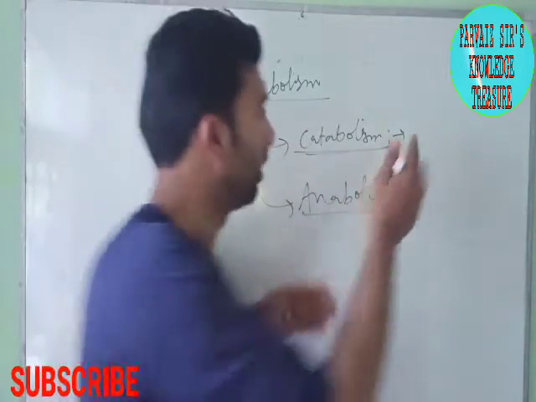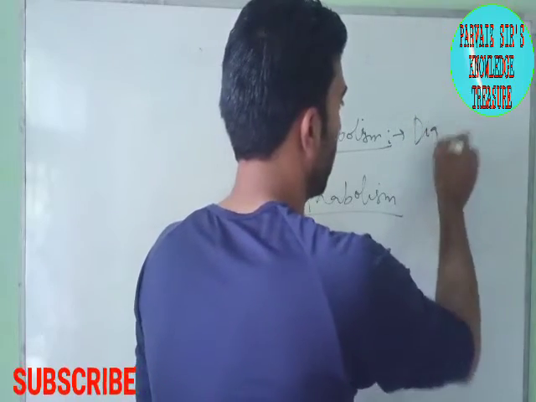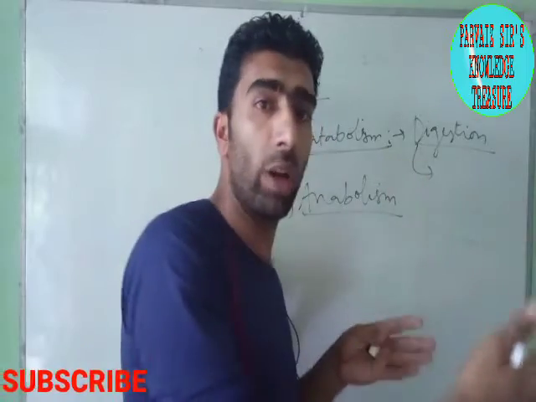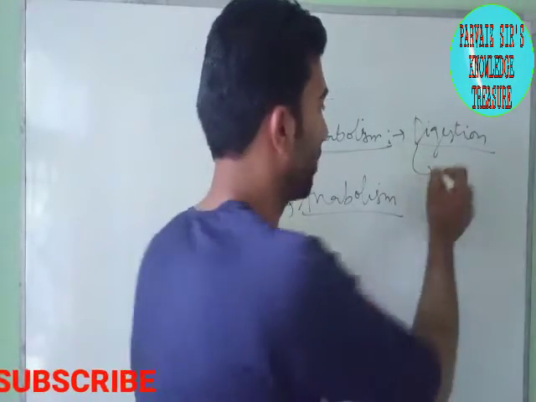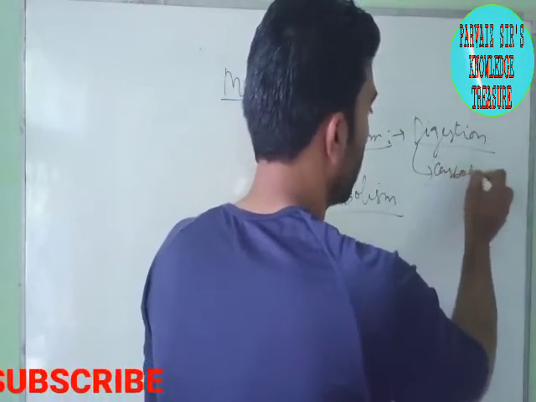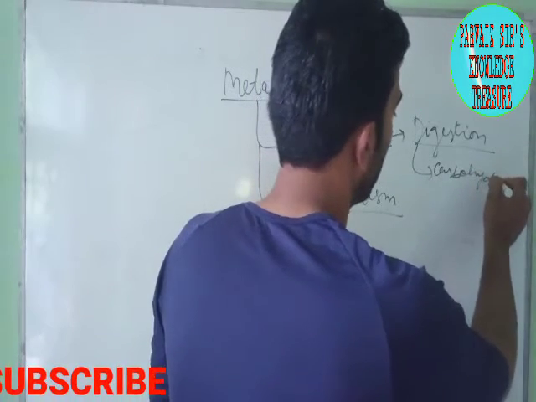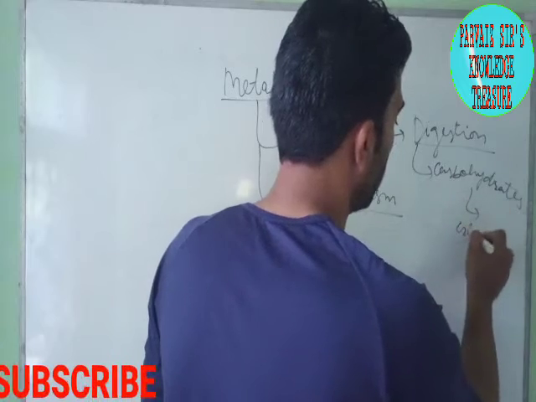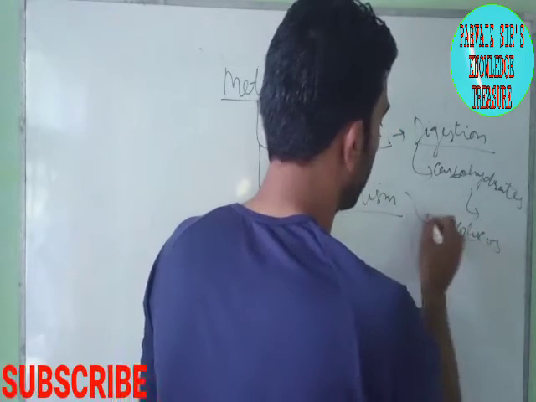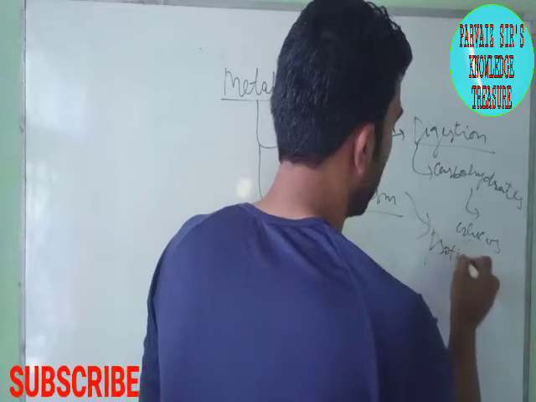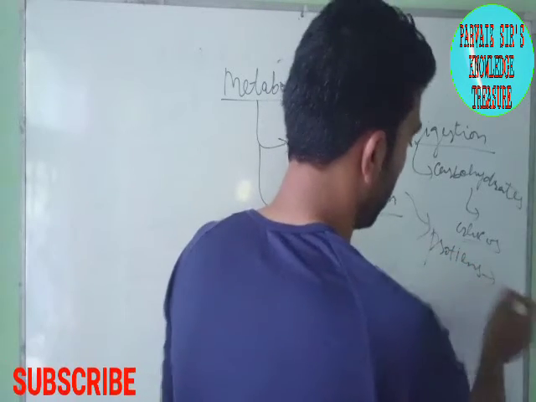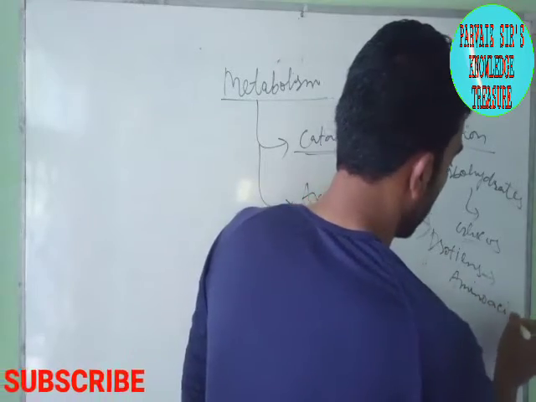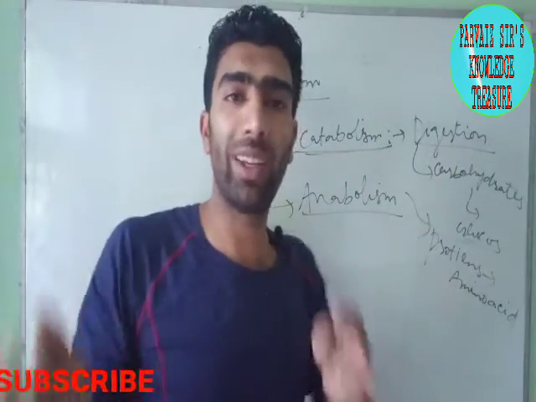For example, digestion. In case of digestion, macromolecules are broken down into simpler substances: carbohydrates are broken down into glucose, proteins are broken into amino acids, lipids are broken down into fatty acids and glycerol.